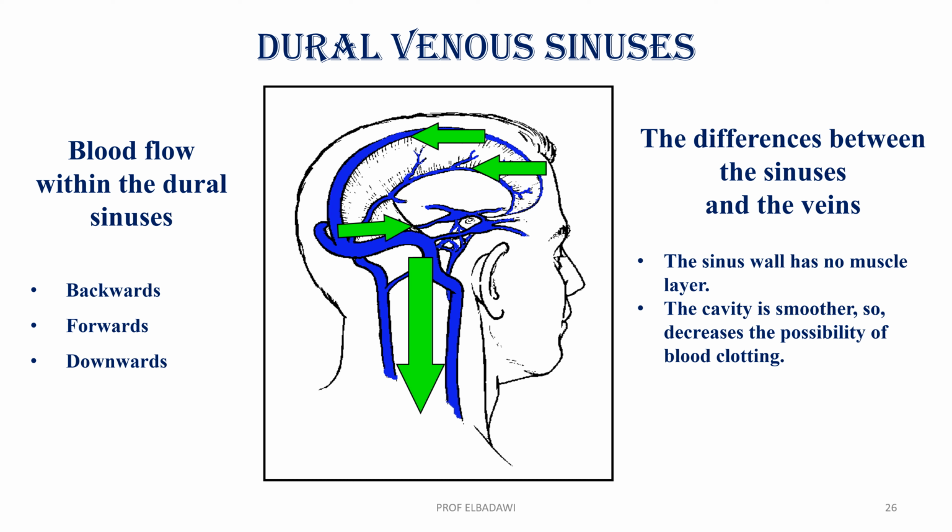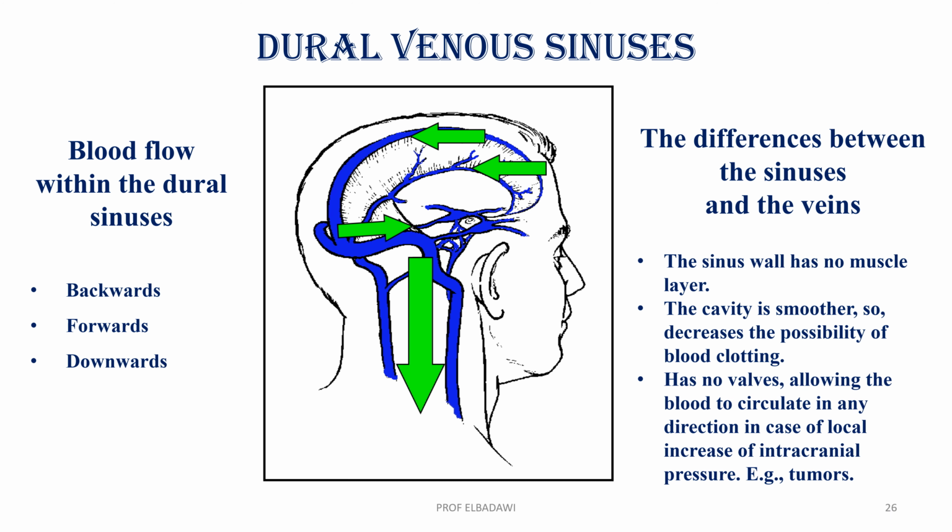Also, having no muscle layer, when a sinus is cut there are no muscle fibers; in a vein, muscle contraction can increase the tone and the gap of bleeding, but this will not happen in the dural sinuses.